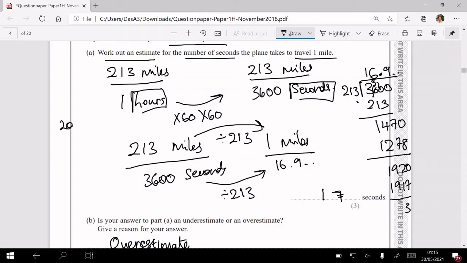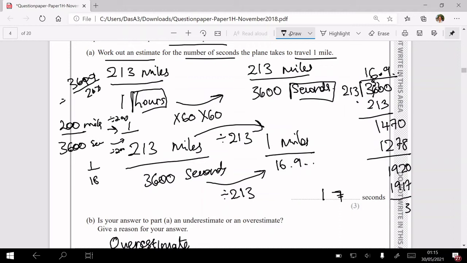So that would be 200 over 3,600 miles per second. And you want to go to 1 per second. So you divide it by 200. 3,600 divided by 200. So 18. So roughly 18 seconds.